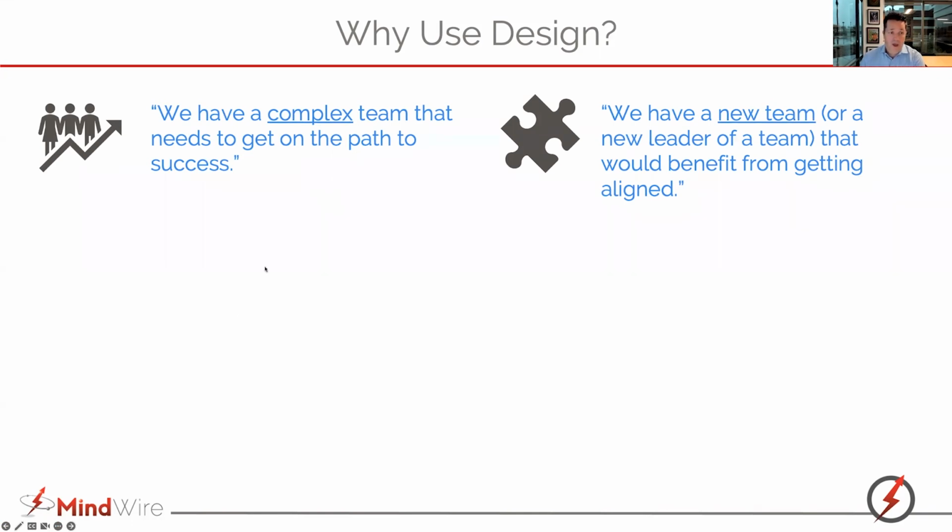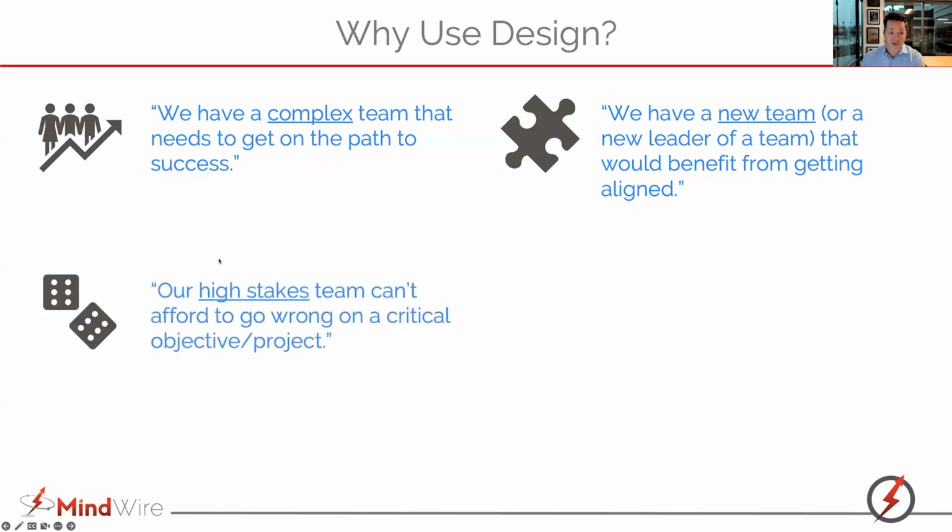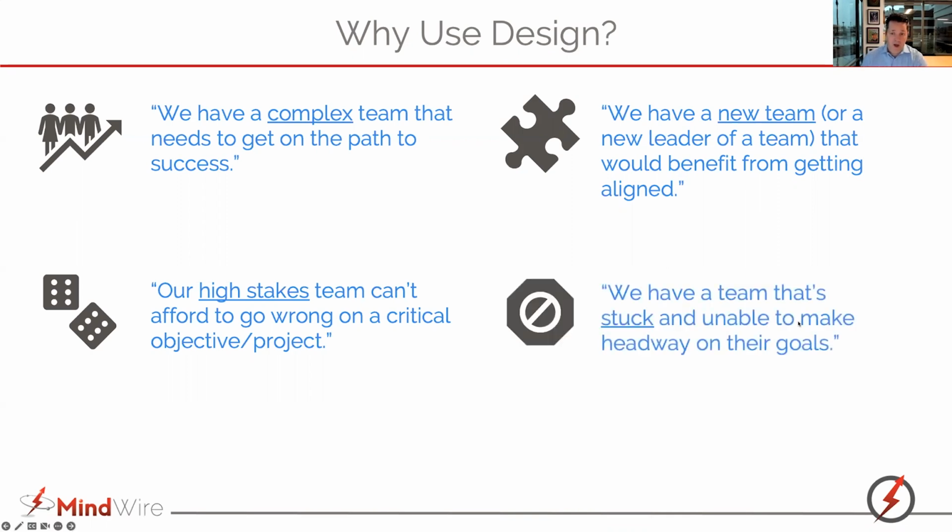And what else? High stakes teams. Sometimes these are leadership teams. Other times they might be cross-functional teams that are working on key strategic initiatives. Some of the most important stuff that we have to get done this year, this team is working on, and we want to do some things to better ensure their success. Great. Teams that have some trouble, stuck, unable to make headway, or have some dysfunction. Yep, great candidate.